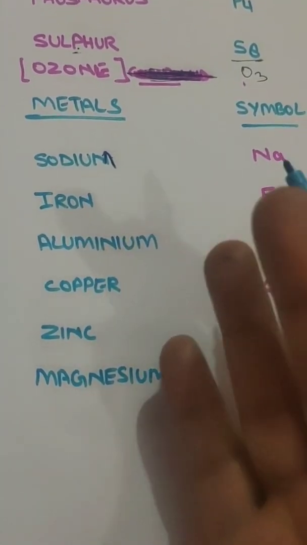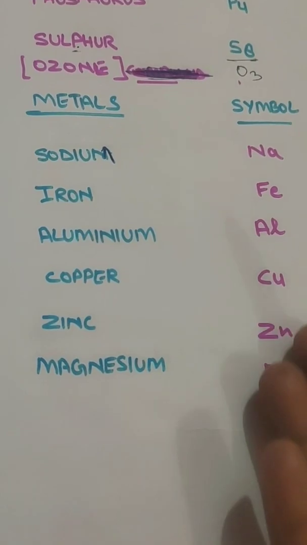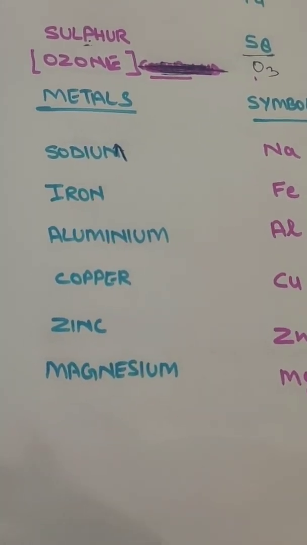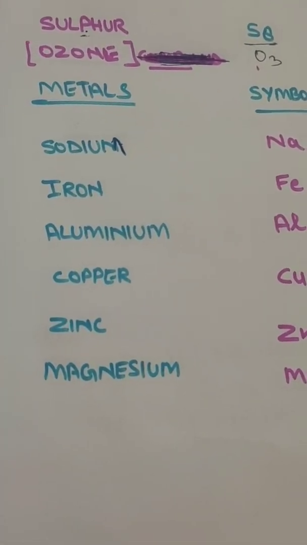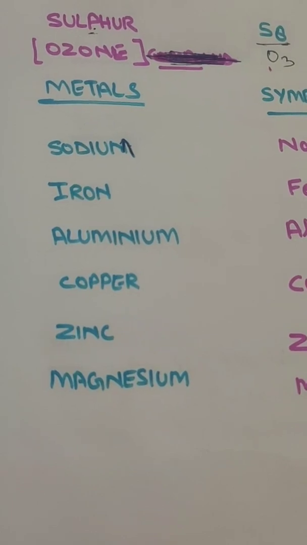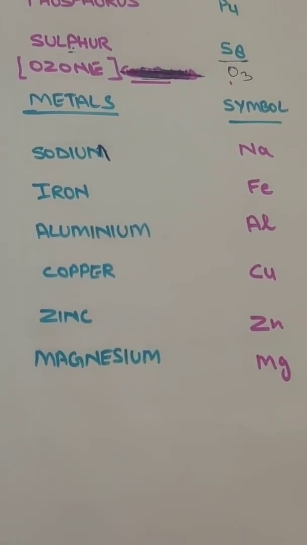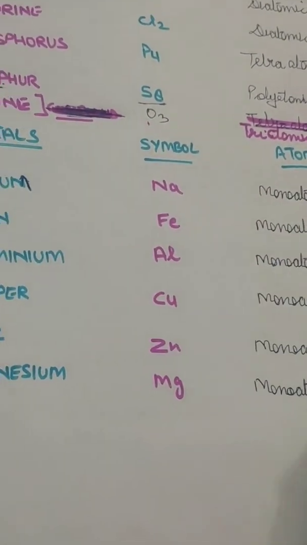Although some of them are very reactive elements and are not found in the single form, they are always found in a combined state, in the form of compounds, but they can exist in a single form also. So they have atomicity 1, which is monoatomicity.